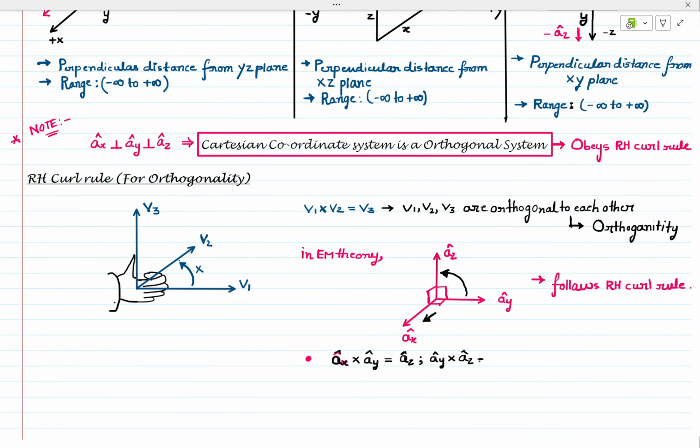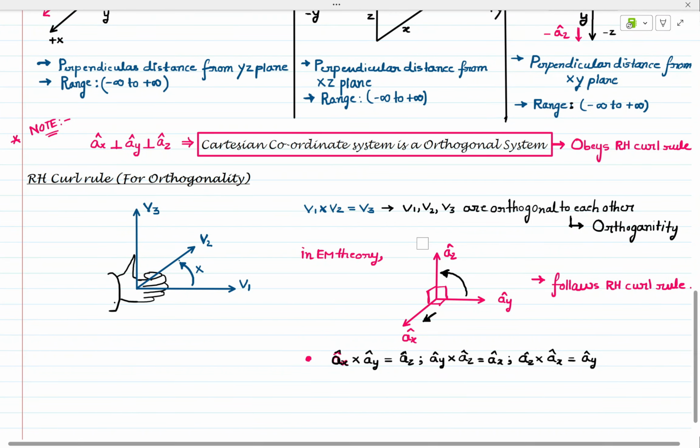So that's what I am writing here. In a similar way you can do az cross ax, that is nothing but ay. According to the RH curl rule, I am writing these things.